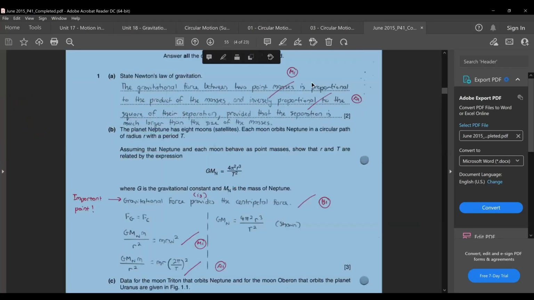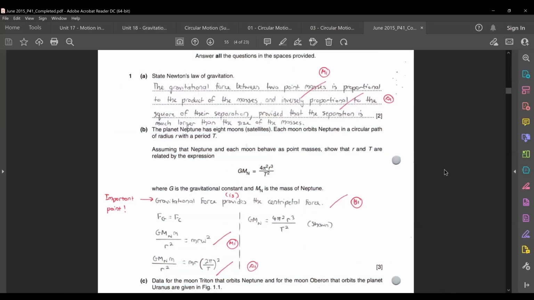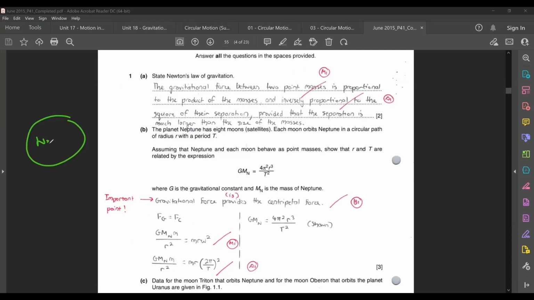Here they basically mention this to you. Wait, let me just get out some stuff. They tell you that this is Neptune, and you have a moon that orbits around it in a circular orbit. So you can say that Neptune has mass M and the moon has mass small m.